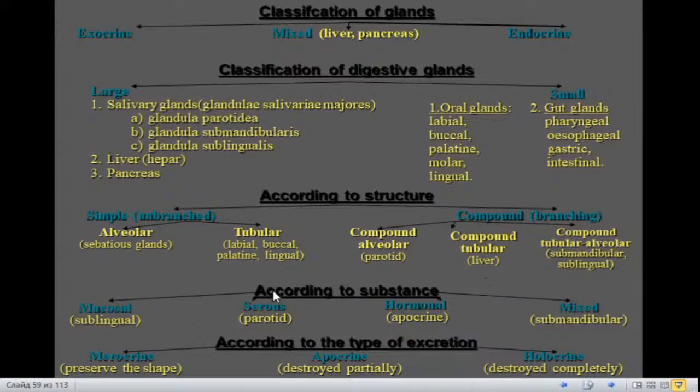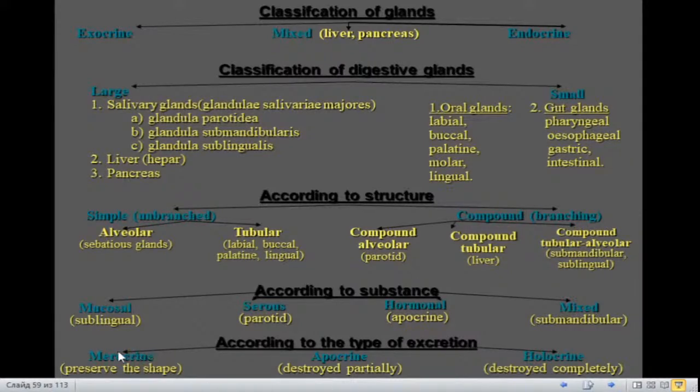Now, according to produced substance, glands are divided into mucous, serous, hormonal, and mixed, depending on the substance they produce. I think there is nothing to explain, it's evident. Now, according to the type of secretion, so what is happening to the gland, how do they excrete?